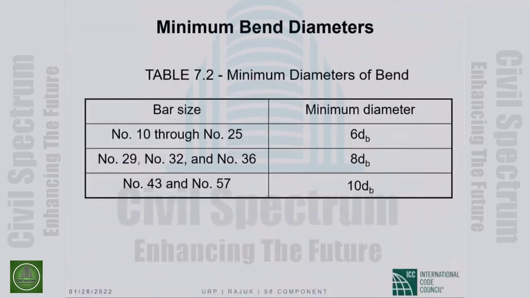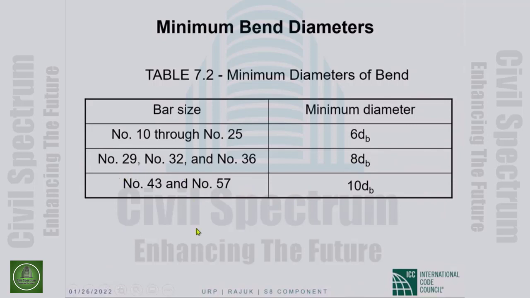So this table is basically for longitudinal bars. So number 10 through 25 bar size, 6 bar diameter is the minimum bend diameter. Larger bars, 8 bar diameter is the minimum.